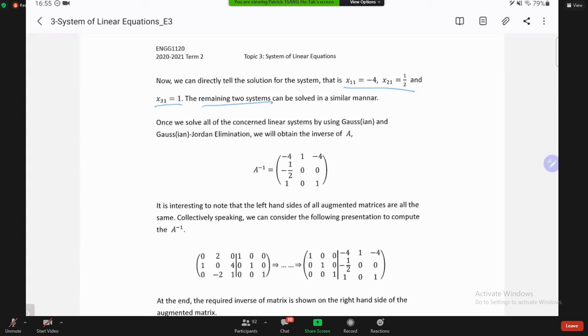And here I just want to tell you the inverse matrix can be found by using this method. Suppose now we are done for the 3 systems, and then we input the corresponding values for x11, x12, until x33 into the original matrix A inverse.